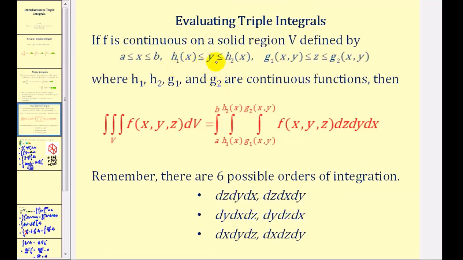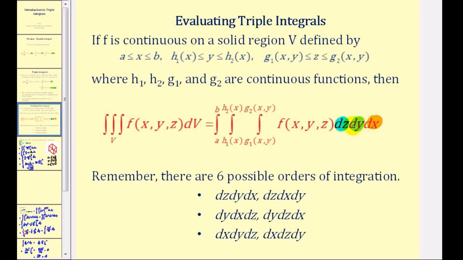First, if f is continuous on a solid region V, defined by x, y, and z as we see here, and h1, h2, g1, and g2 are all continuous functions, then this triple integral over the solid region V of f of x, y, z with respect to V, expressed as we see here, where we integrate with respect to z first, and then second with respect to y, and then third with respect to x, the limits of integration of the innermost integral with respect to z must be functions of the outer variables, or functions of x and y.